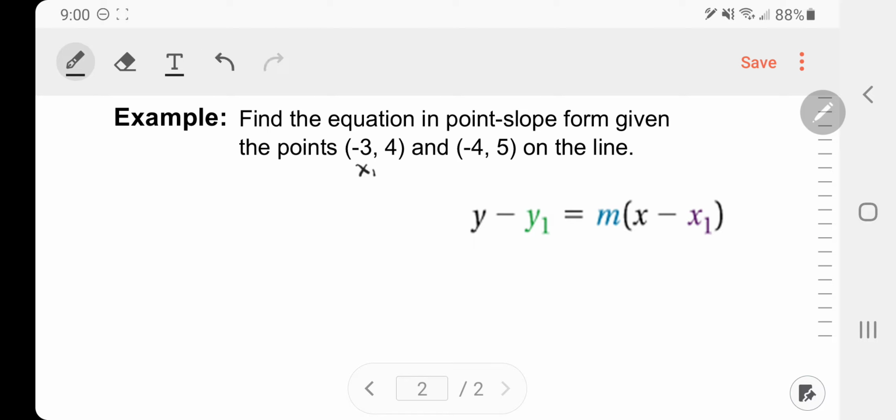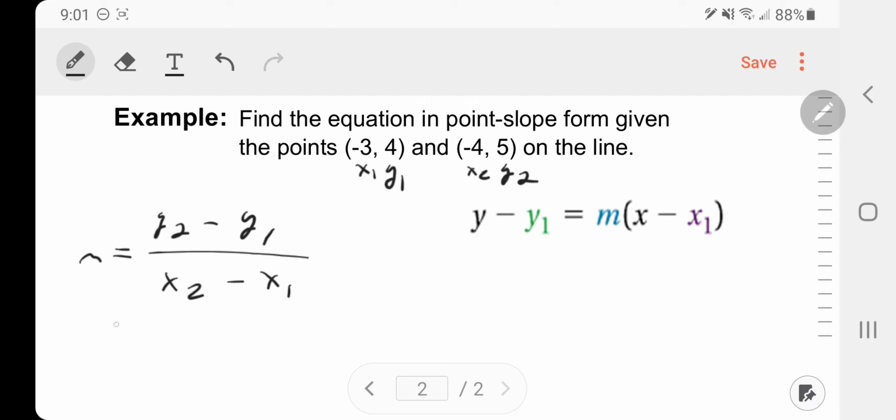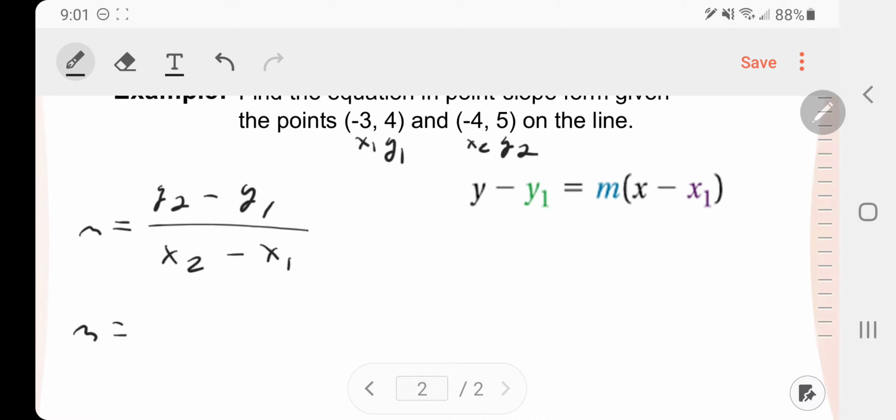Okay, so I have my x1, y1, I have x2 and y2. M equals, we know that's y2 minus y1 over x2 minus x1. Okay, so our slope is going to be 5 minus 4 over -4 minus a -3.